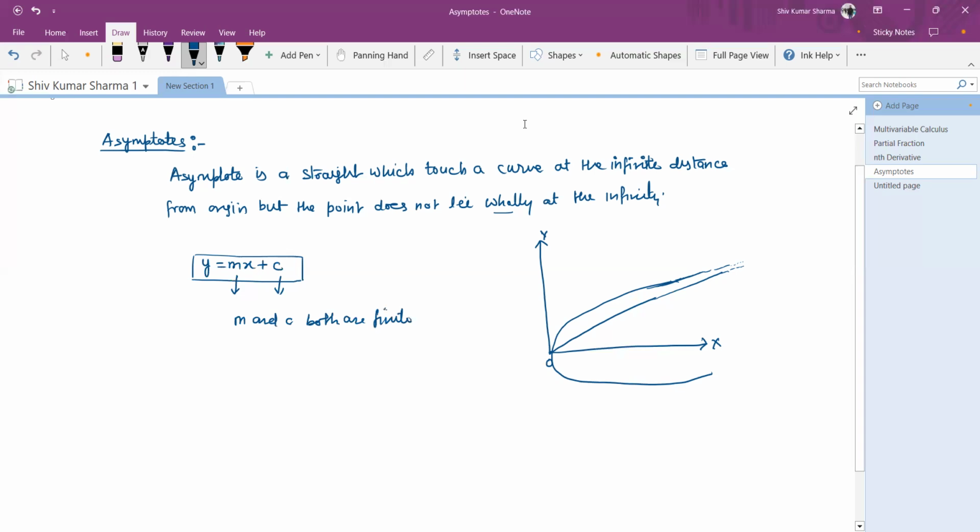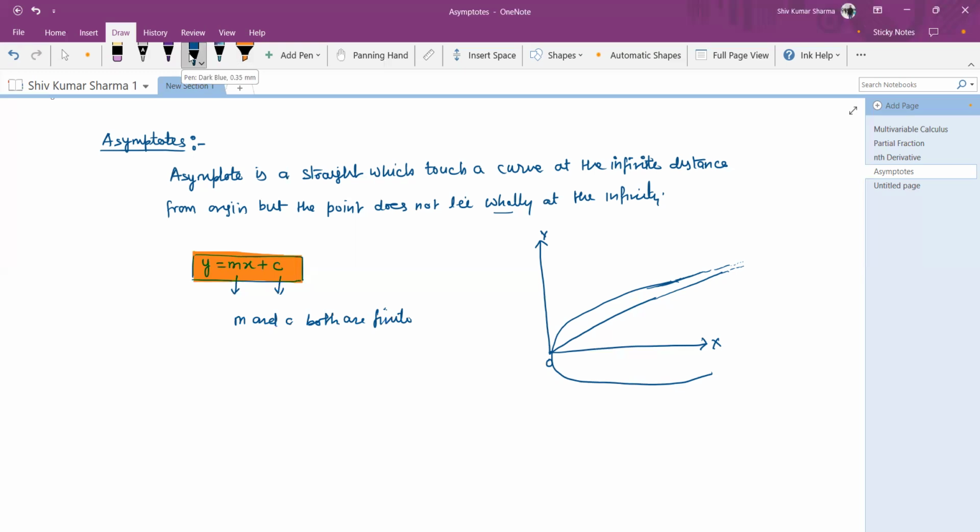So when we obtain the asymptotes, there are basically two types of asymptotes. One is parallel asymptote and the second is oblique asymptote. For the oblique asymptotes, we obtain the values of m and c and put them in y equal to mx plus c.